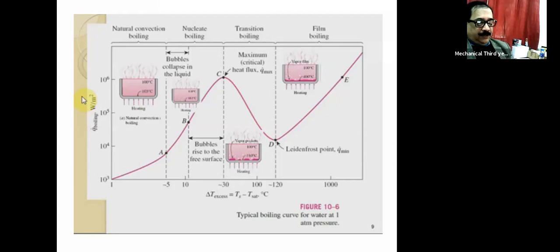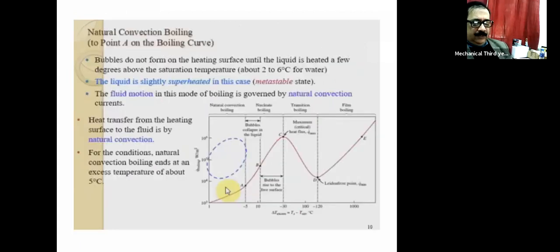Until such time that no bubble is formed, we term this zone natural convection boiling. Here, of course, the heat transfer is by natural convection.